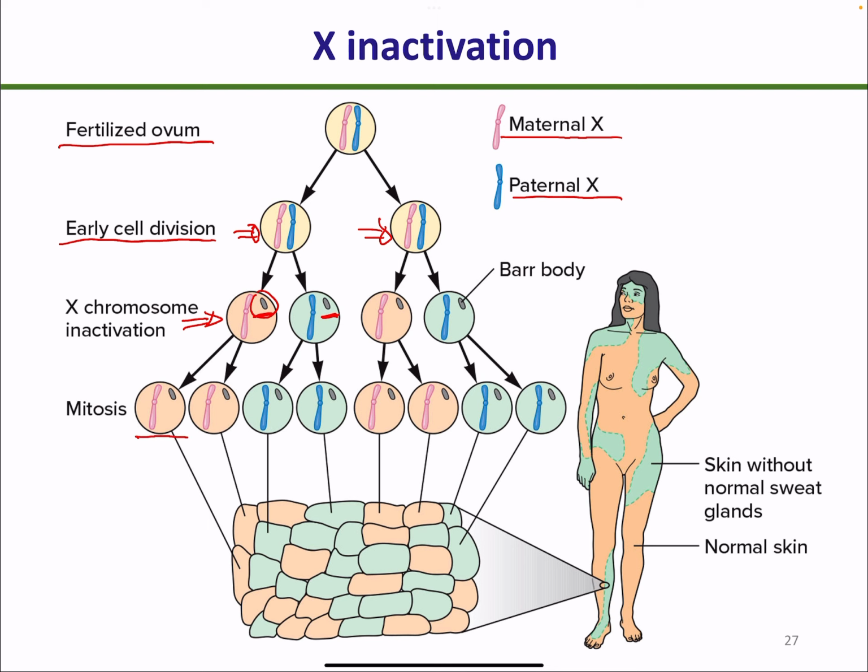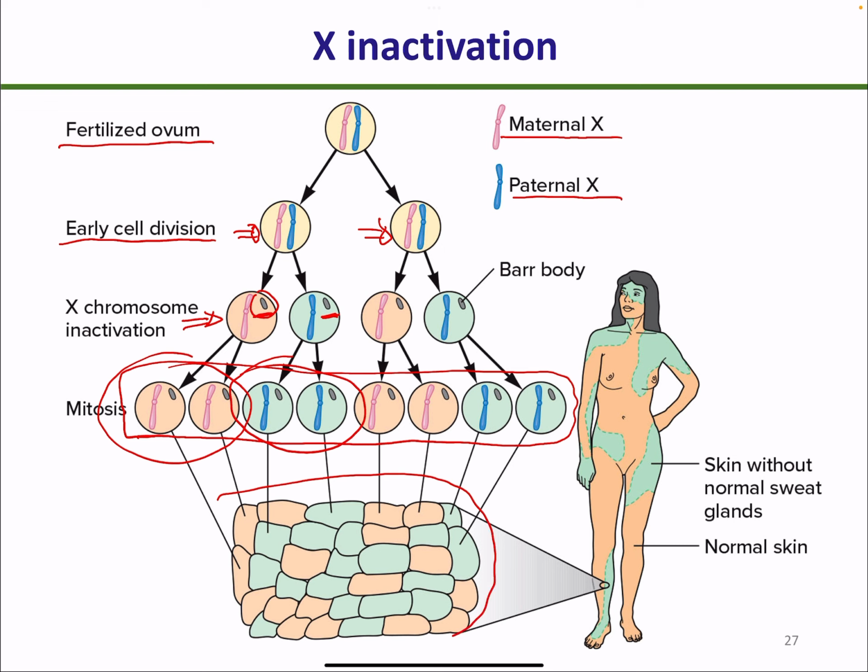Not completely all different, but this group is different from this group. So when we look at the tissue, we see some cells that have a certain color, and some cells have a different color.